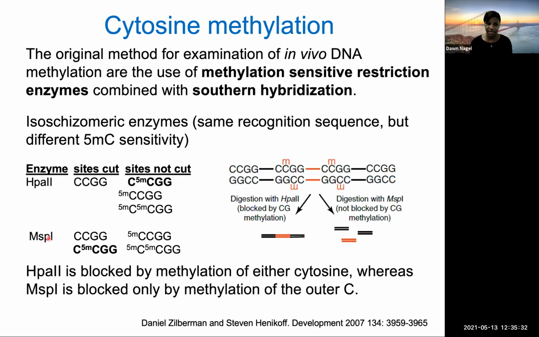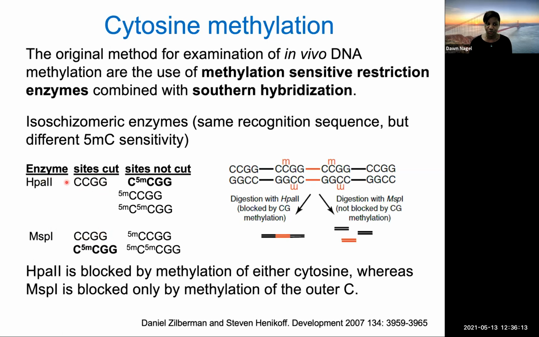There are two enzymes commonly used to determine the difference between a C that has been methylated and one that has not been methylated, and that's HpaII and MspI. These two enzymes recognize this CCGG site within DNA, and depending on the context of the methylation, either of these two enzymes will be able to cleave that DNA site. HpaII and MspI can cut unmethylated sites, so CCGG, both of these sites can be cleaved.